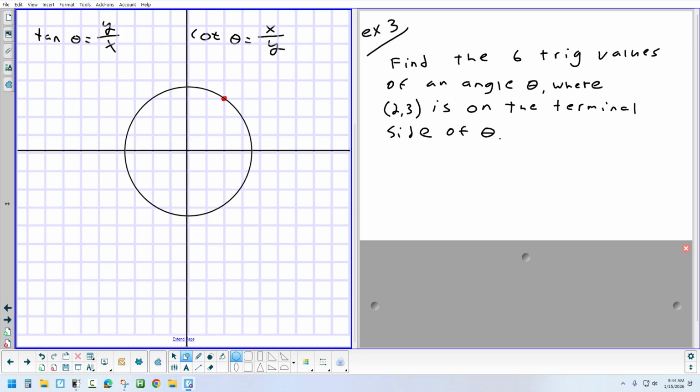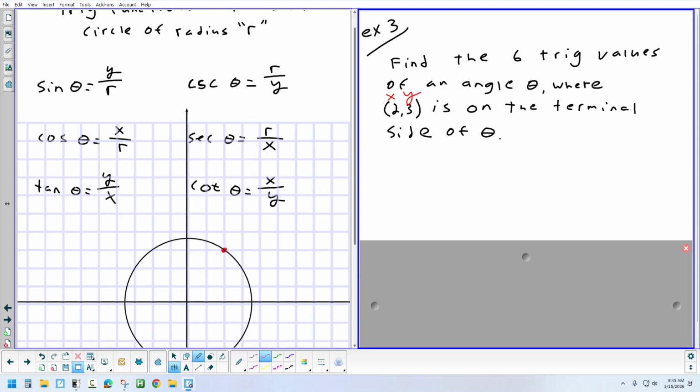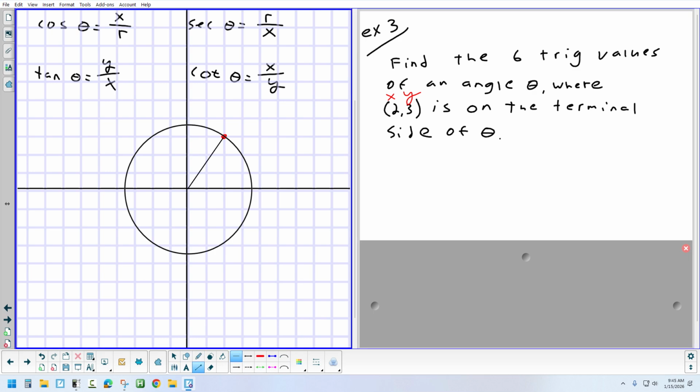No. So it's not on the unit circle, which means to do this problem, this is your x, that's fine. This is your y. So you can do any of the formulas that just have the x and the y. But if you want to do the other ones, you need the r. How are you going to find the radius of that circle? Yep, Pythagorean theorem.